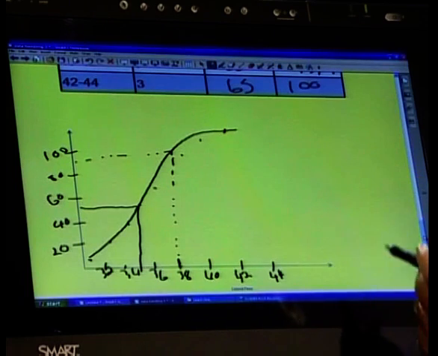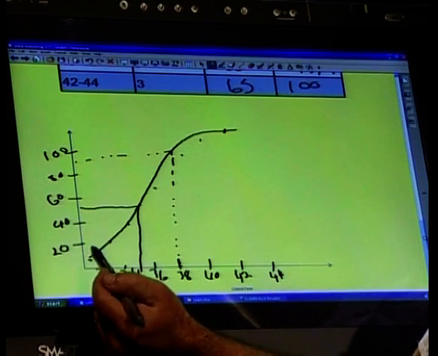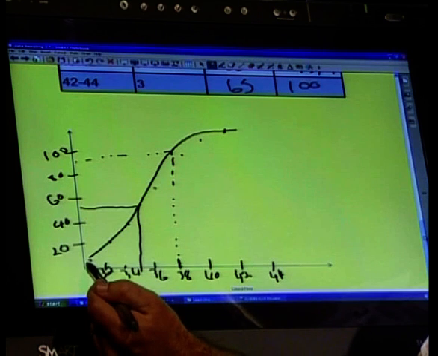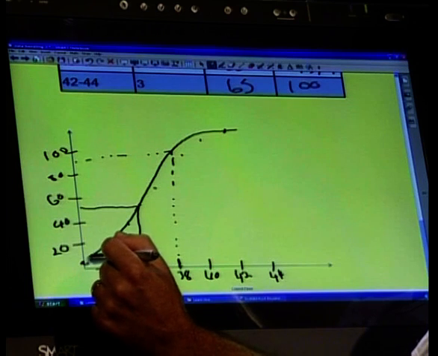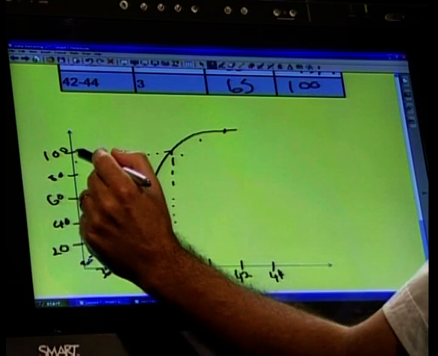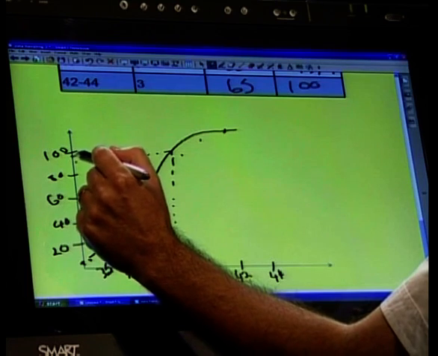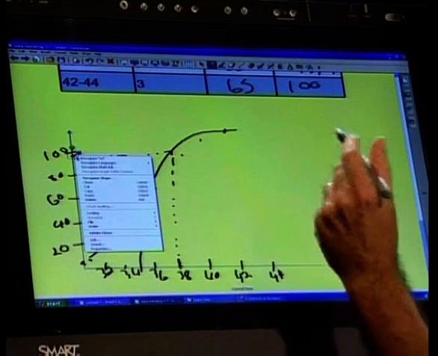Well, for 95%, I would have to be somewhere over here, because I'm only going to have 2.5% at the bottom, and I'm going to have 97.5% at the top.